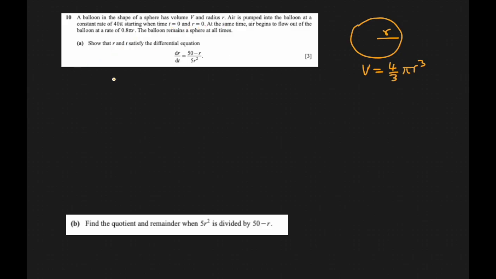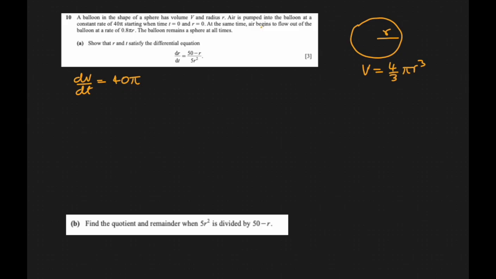Okay, R cannot be 0, but for practical reasons it is 0, they have said. So it is being pumped in. That means dV over dt, the volume of the air inside the sphere, is increasing at a rate of 40 pi. That's dV over dt.